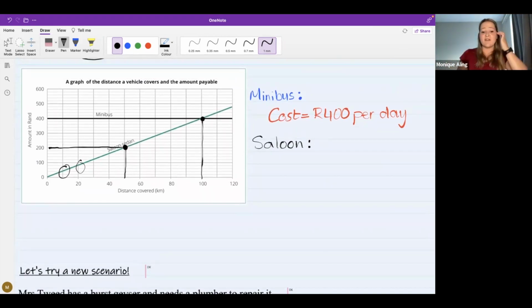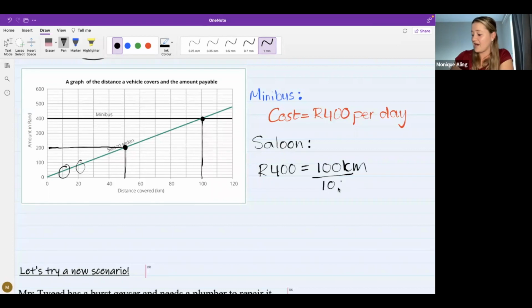If you just take any of those points, okay, 400 Rand, you can travel 100 kilometers. If I want to know how much it is for 1 kilometer, so we can make a formula, I just divide by 100, which will show me that it is 4 Rand for 1 kilometer. So it's not always easy to read off the graph, so always find a definite point.